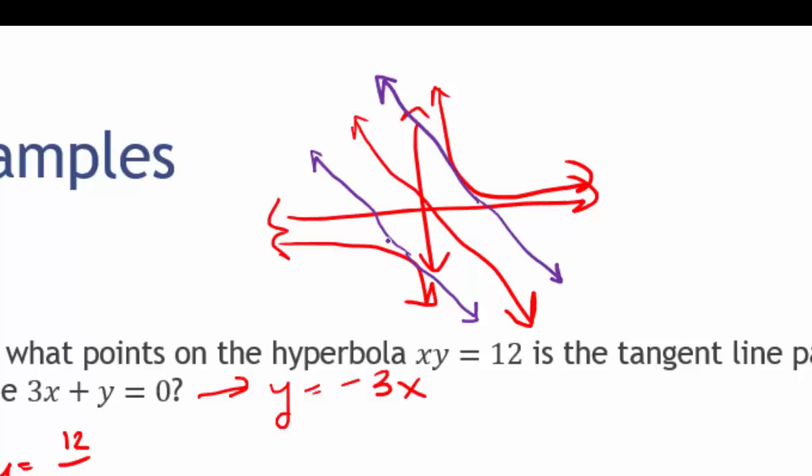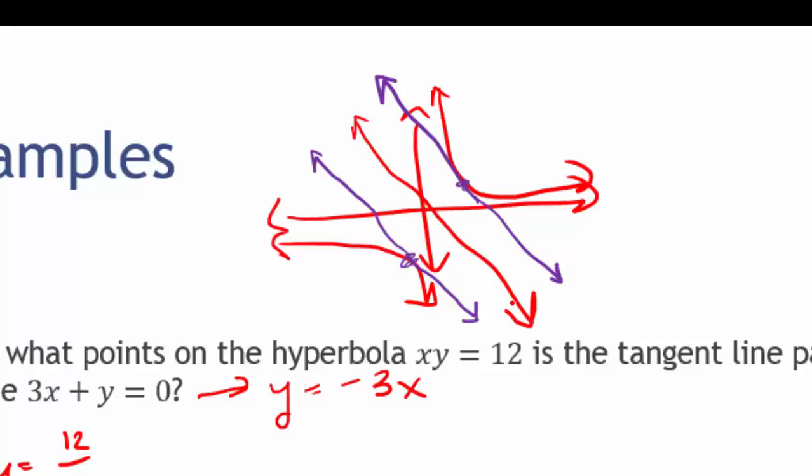Give or take, those are the lines I'm looking for. I'm looking for the points on the hyperbola that have these tangent lines to them. Okay, so if these two tangent lines are going to be parallel to the red line, what do we know about the slopes of parallel lines? They have to be the same.